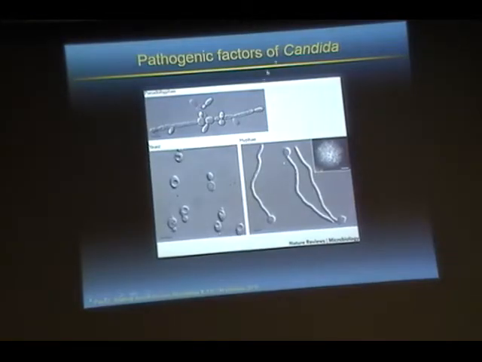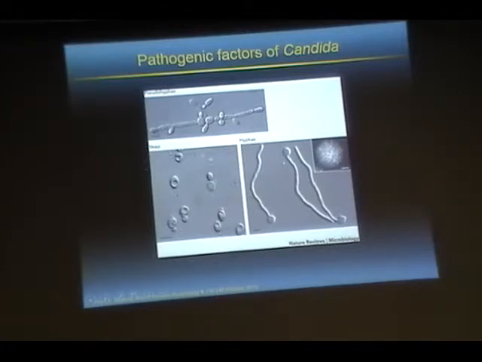So these are yeast structures along with some hyphae. This is called pseudo hyphae because these are sort of elongated yeast. It's not real hyphae. But here you can see this yeast has germinated into a hyphal structure, the elongated structure, and this is the invasive part.